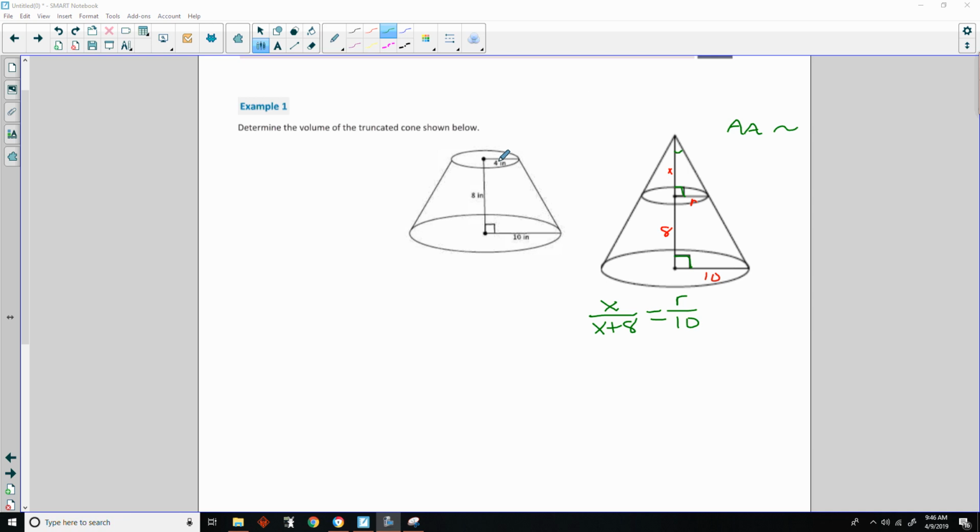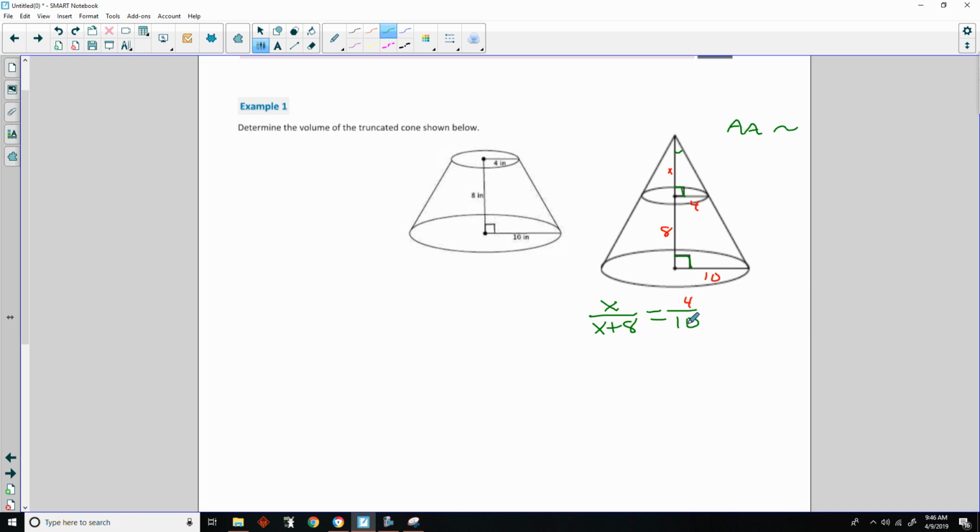Okay, but we are told that this r is 4. It's a radius, and I should put that in there, because we had too many unknowns and it would not be possible to solve. We were told that this radius up here, which is the base of this triangle, is 4. So instead of having r in my proportion, I'm going to put 4.